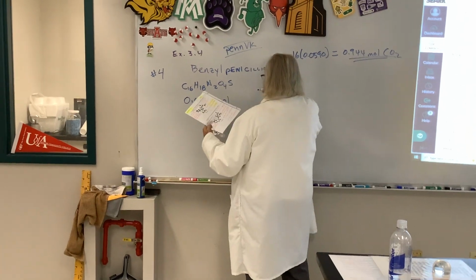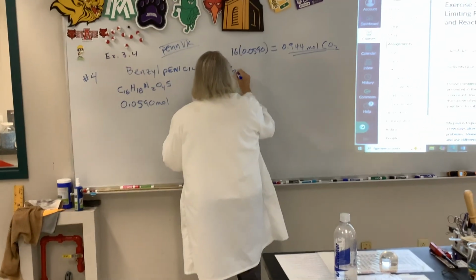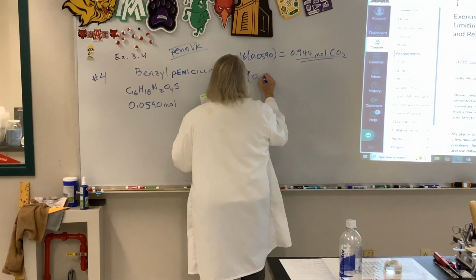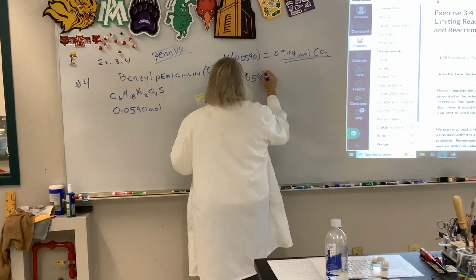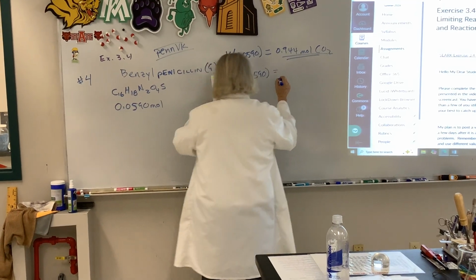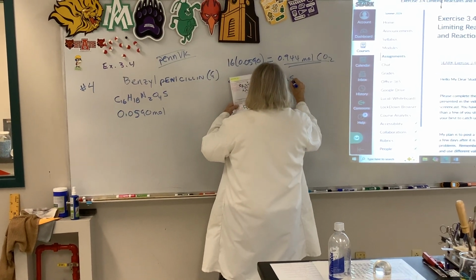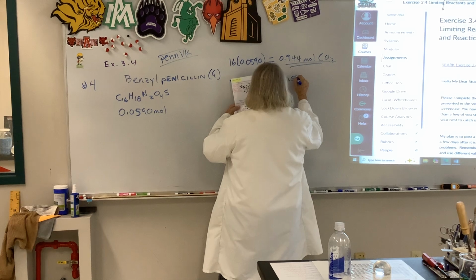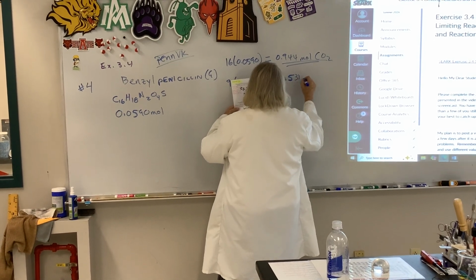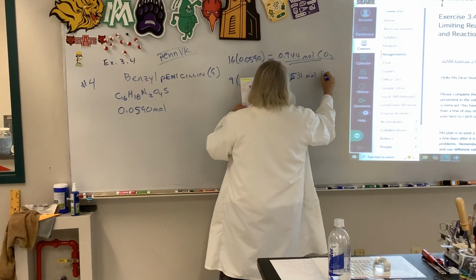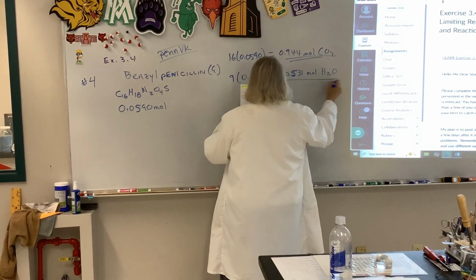There's 18 hydrogens, but that only gives me 9 waters. So 9 times 0.0590 is equal to 0.531 mole of H2O is produced.